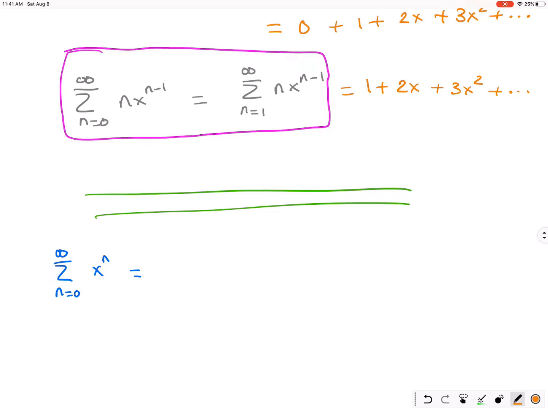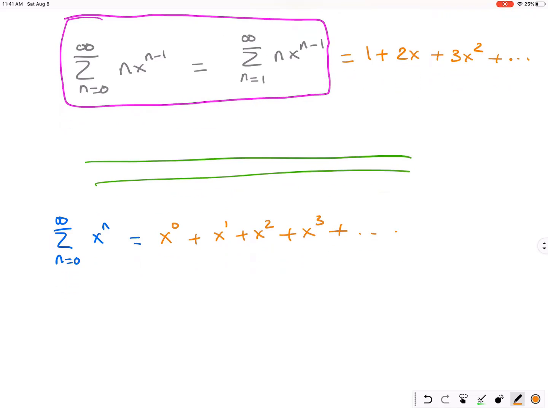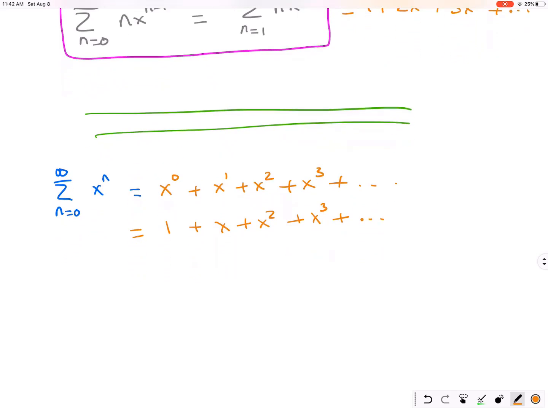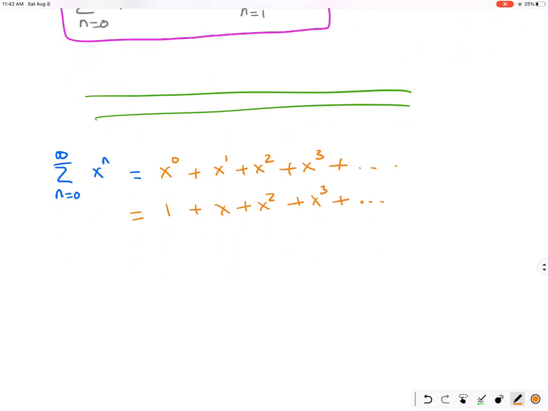Well, I get x to the 0th, plus x to the first, plus x squared, plus x cubed, and so on and so forth, all right? So this is equal to 1 plus x plus x squared plus x cubed plus dot, dot, dot, and I go on forever, right? So, very simple.